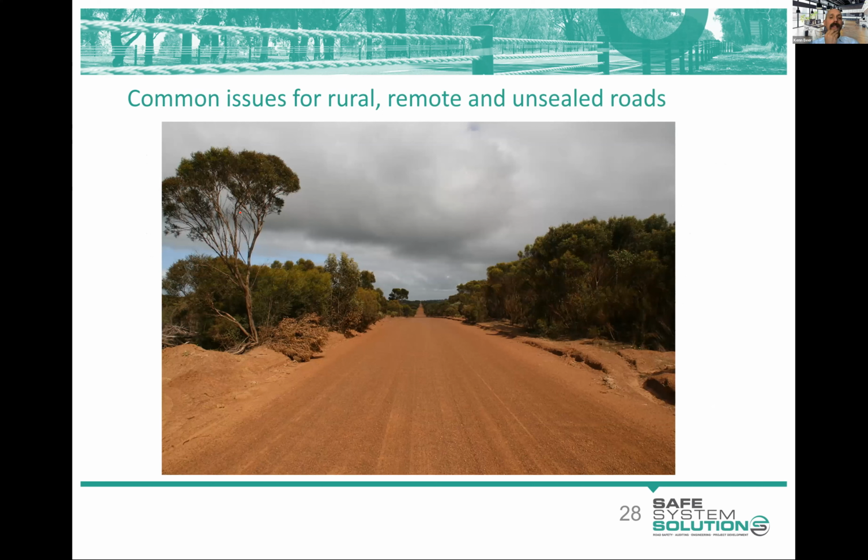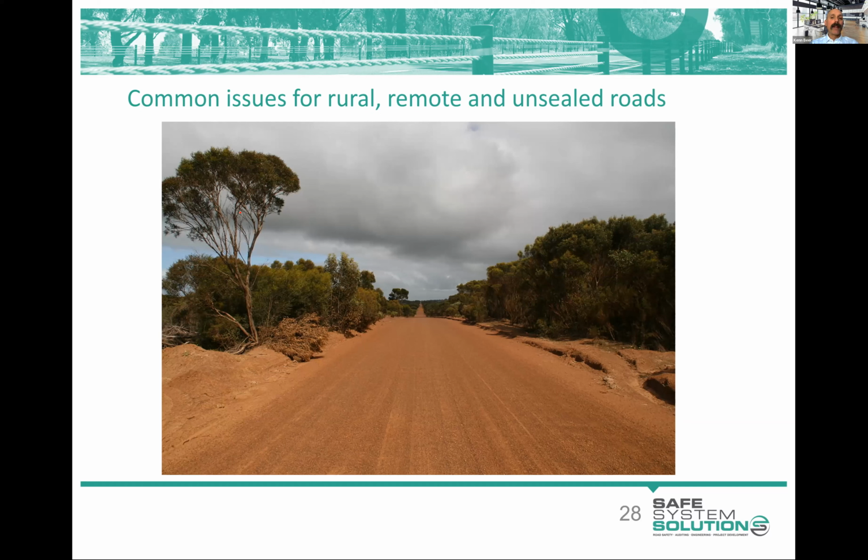Okay, I'm going to keep ticking along here. So for rural, remote, unsealed roads, these areas can be road safety audited the same way, the same process we do, and we're thinking about a lot of the same stuff. Obviously, there's a huge expanse of this network and a very variable condition of the roads, and that's factored into our road safety audit thinking.